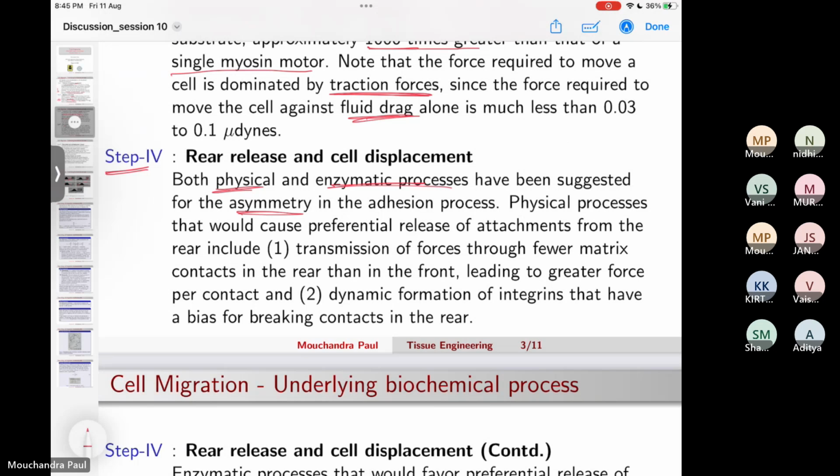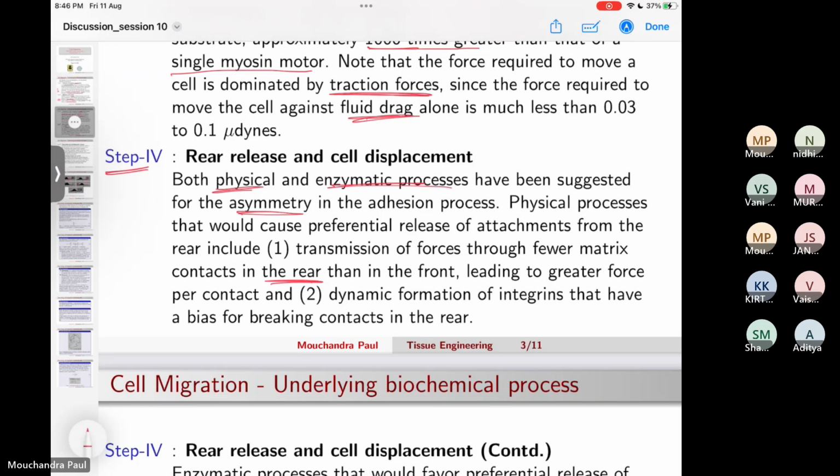So first, at the rear, the back side of the cell, there are fewer integrin receptors, because of which there are fewer focal adhesion points. So the contraction force that each focal adhesion point is going to experience is going to be much greater, correct?